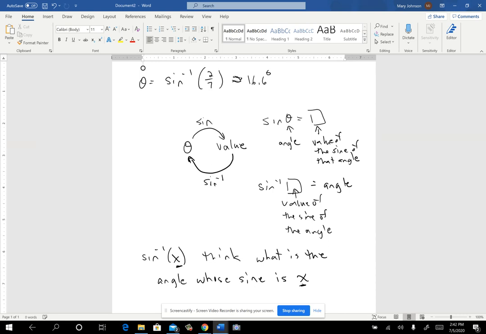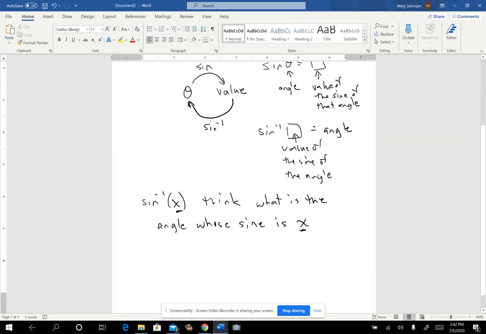Okay, right? Now here's the problem. Here's the tricky part. All right, think about the sine function. Remember what it looks like? It fluctuates. It goes up and down and up and down and up and down.